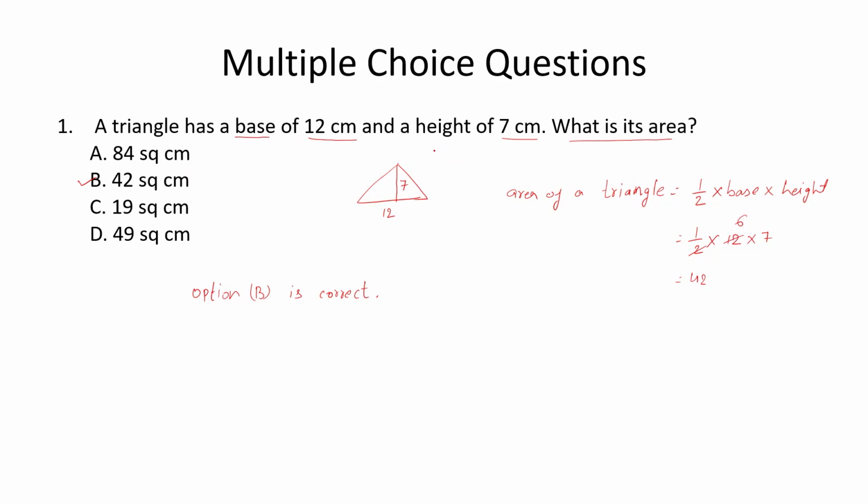Now for a moment, suppose that you know what is meant by base, what is height. So base is this, height is this, but you forget the formula of the area. Then again you are gone. So everything, whatever I have told you till now, is important. If you want, just go through all the details again.